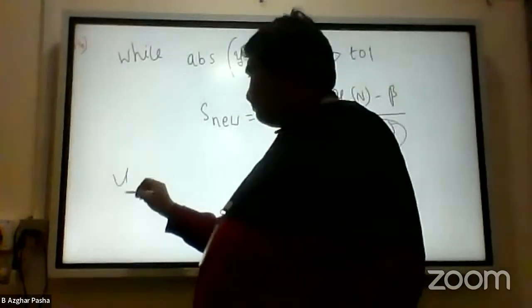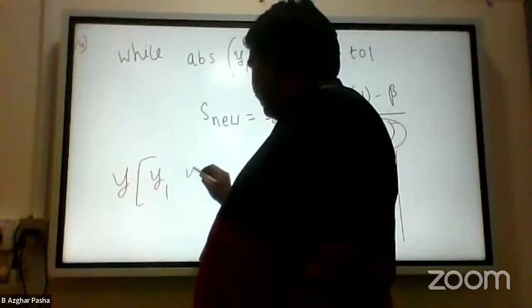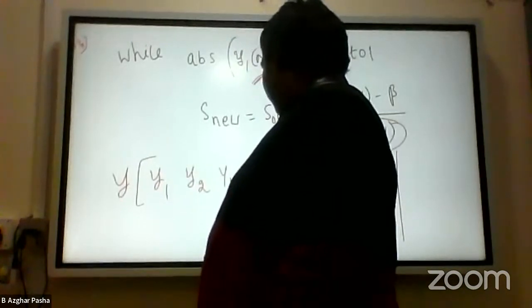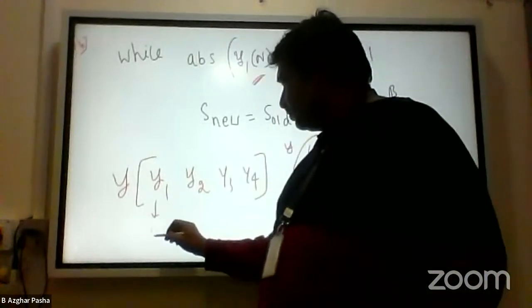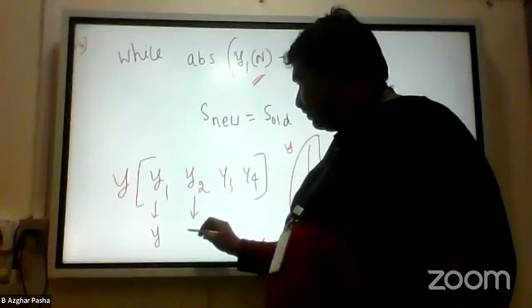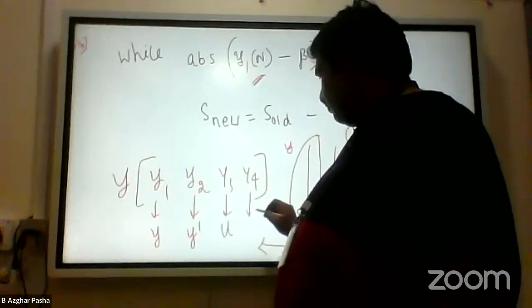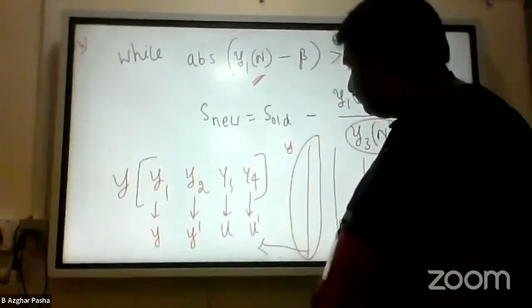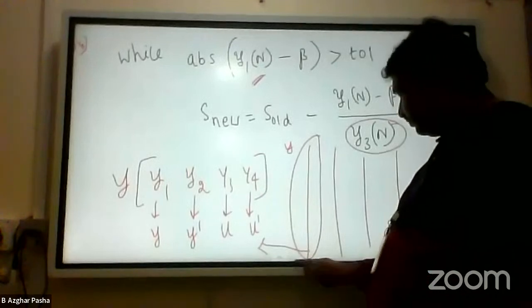In y, there will be 4 elements: y1, y2, y3, y4. Y corresponds to the actual y, y2 is y dash, y3 is u, y4 is u dash. Correct?